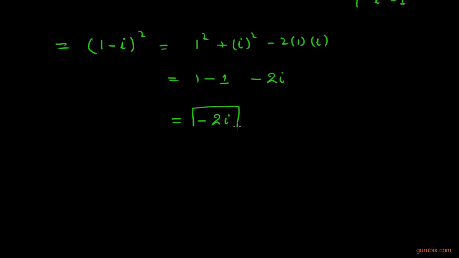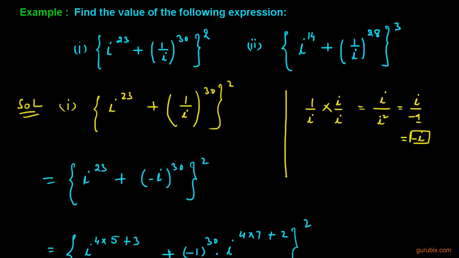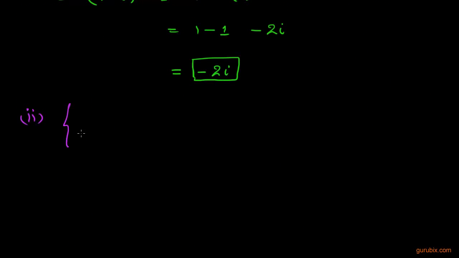So this is the solution of the part 1, and now we shall solve the second part of the example. In second part we are given an expression that iota raised to 14th power and 1 over iota raised to the 28th power, and this whole value raised to the third power.